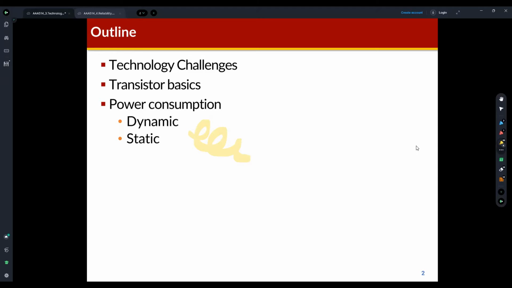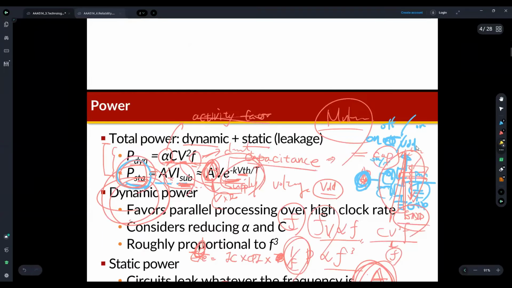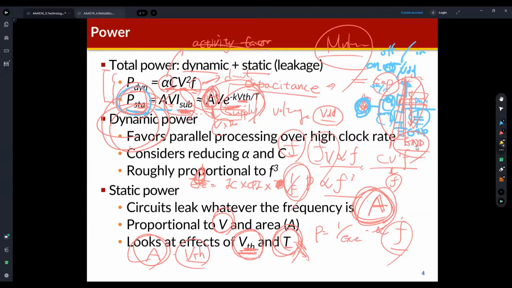But you need to briefly understand how a CMOS transistor works and what influences the characteristics of CMOS transistors. Okay. And then the most critical cost of the CPU chip is power consumption. That is the running cost of our computer systems.